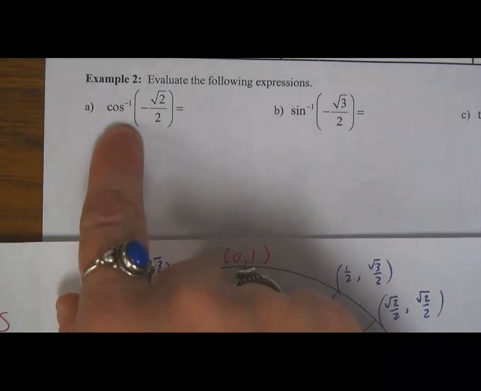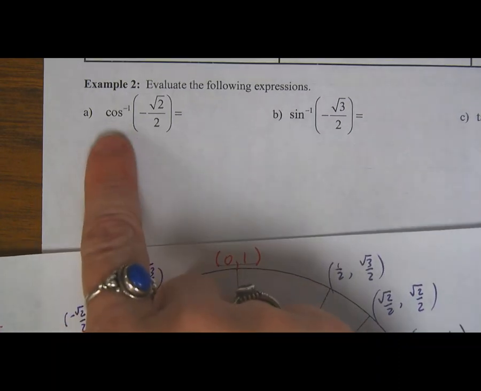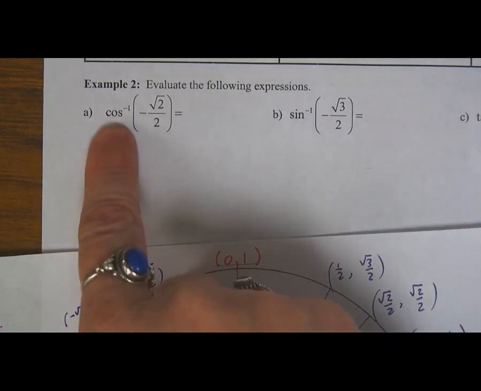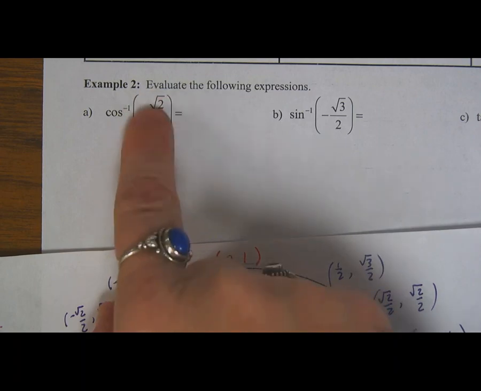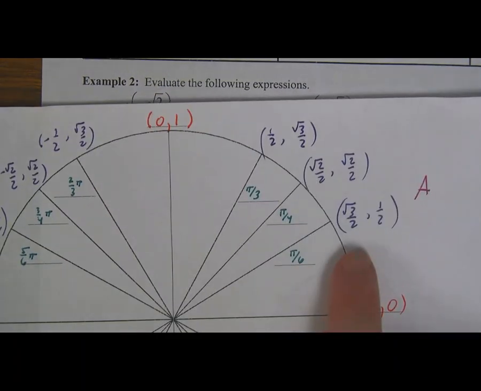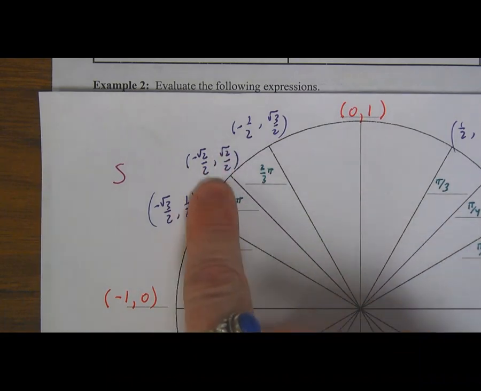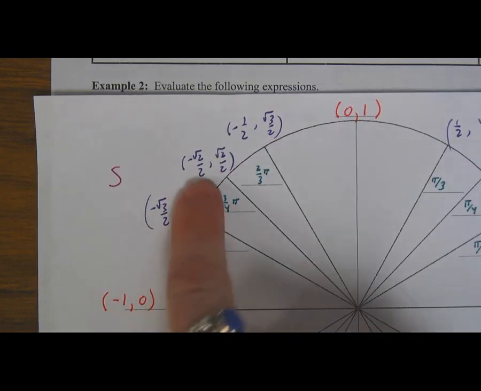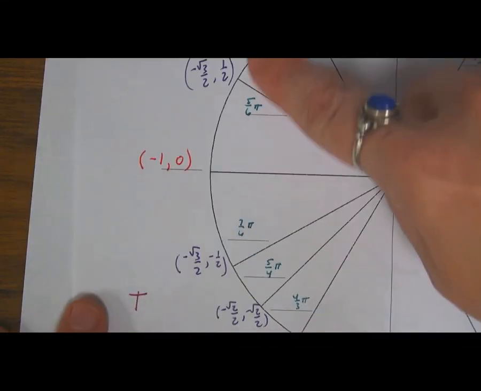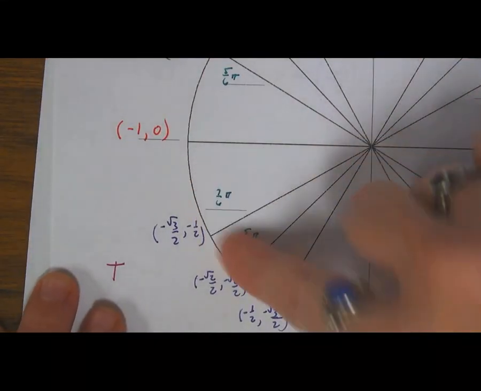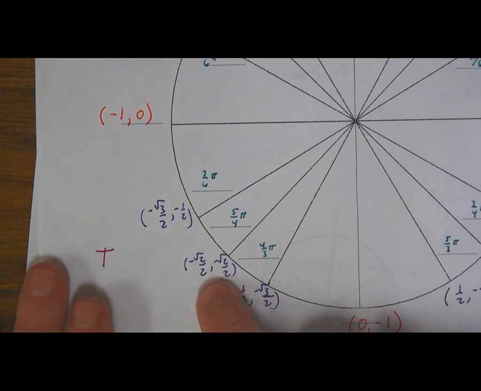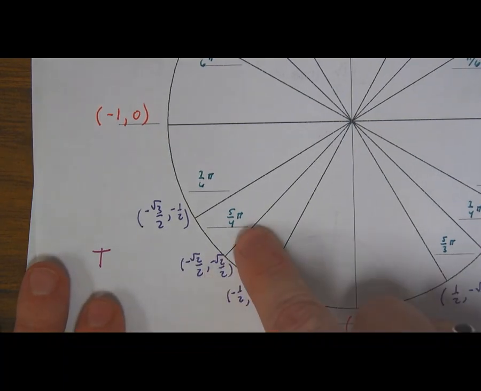Where is, listen to how I say this to myself, where is cosine negative root 2 over 2 on the unit circle? Cosine, negative root 2 over 2. Oh, there's one right there at 3/4 pi. And if I keep going, negative root 2 over 2. Oh, here's one right here as well in quadrant 3 at 5/4 pi.